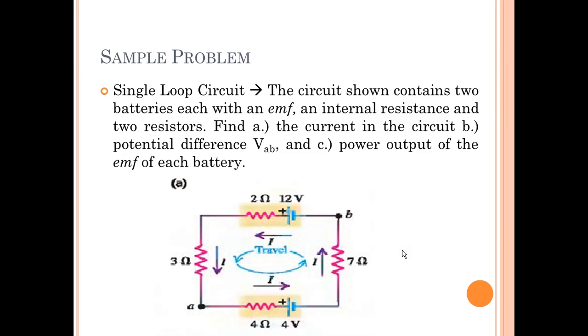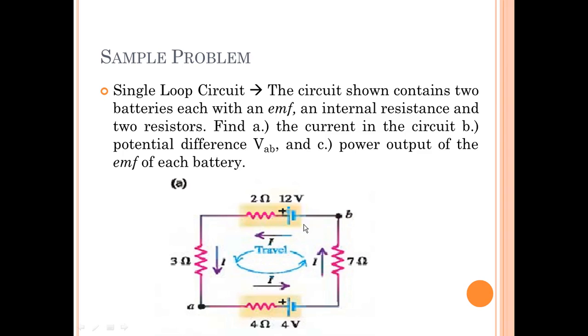the current in the circuit, we first need to assign the direction of the current. Normally the assignment of the direction of the current would be dictated by how the terminals were connected in our given circuit.